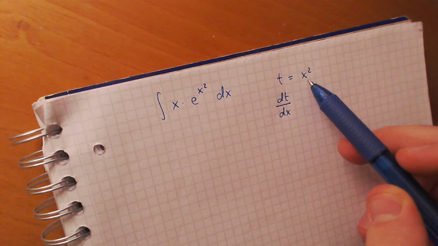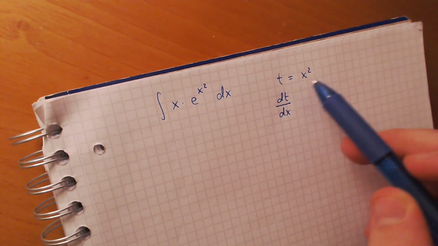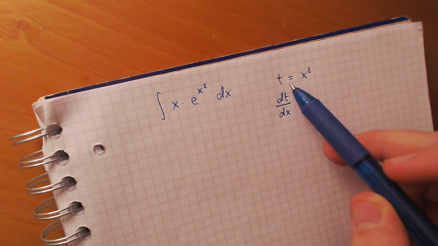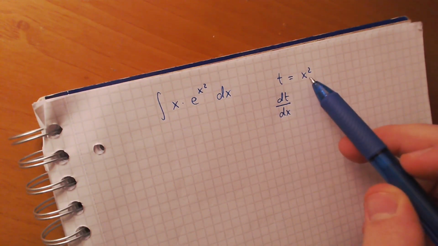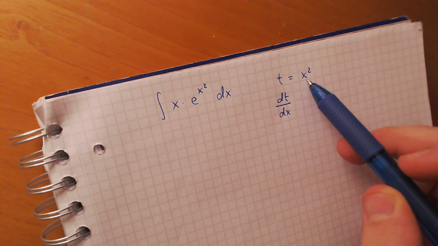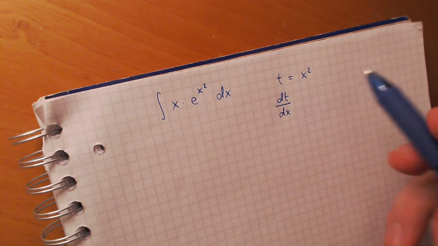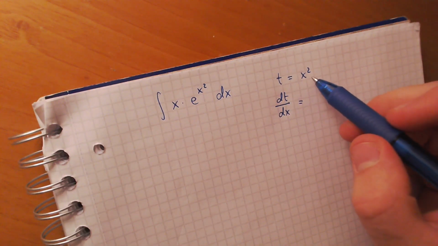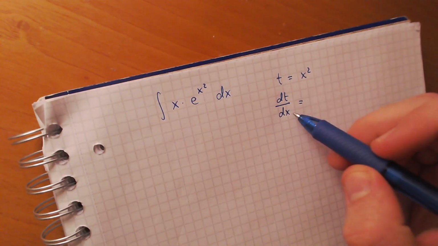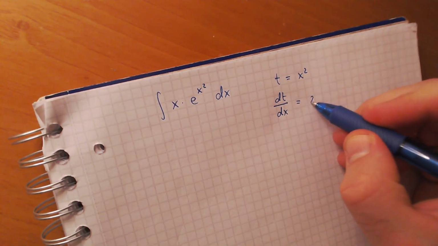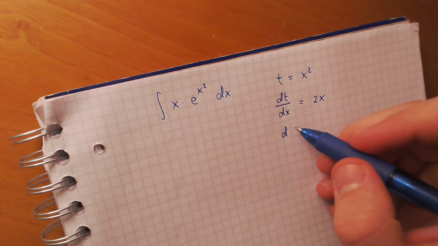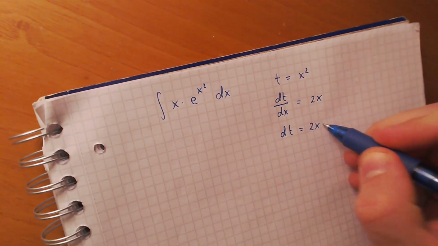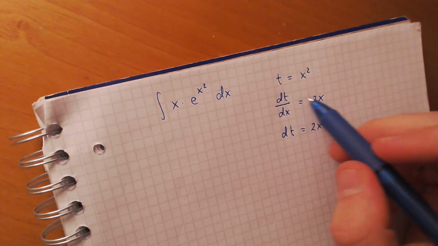But since we know that t is equal to x squared, the derivative of t will be the derivative of x squared, and we know that the derivative of x squared with respect to x is 2x. So that means that basically dt will be 2x times dx from this relation.